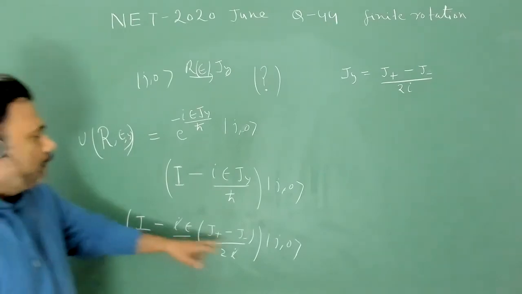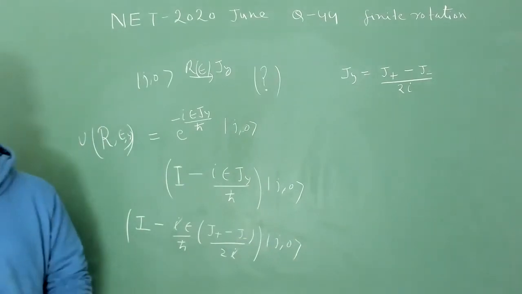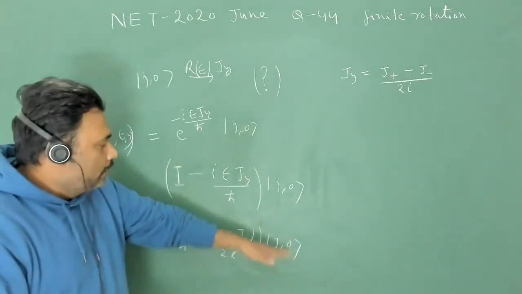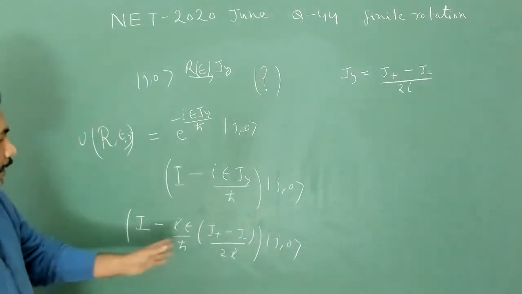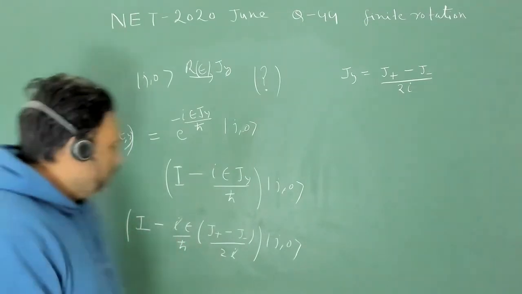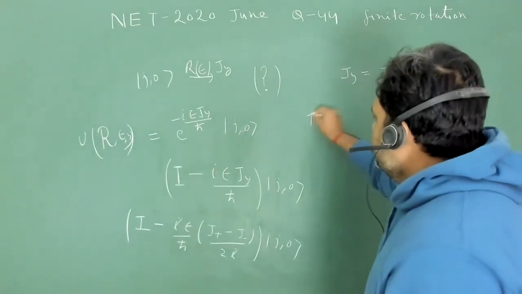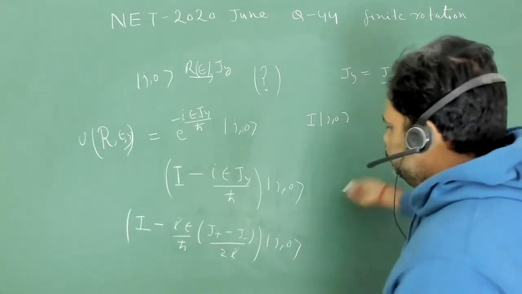When J plus operates on |j0⟩, it gives one more state, the next state. J minus operating on this one will lower the state. So let's go for the possible values. When we calculate this, the first term is the identity operating on |j0⟩.